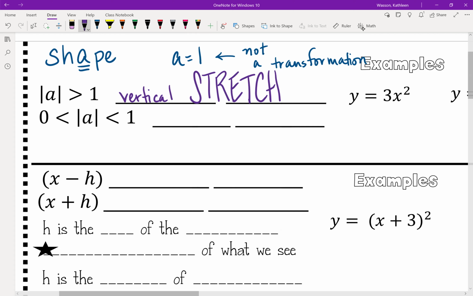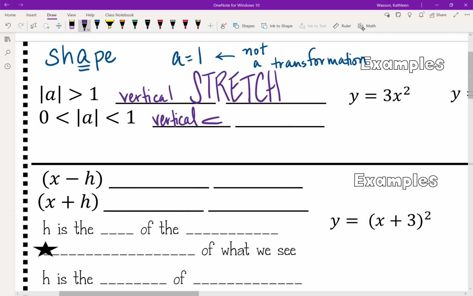The opposite of a stretch is a compression. That happens when the a number is between 0 and 1. So here I have a vertical compression. Instead of getting taller and skinnier, it gets squashed like it got stepped on.